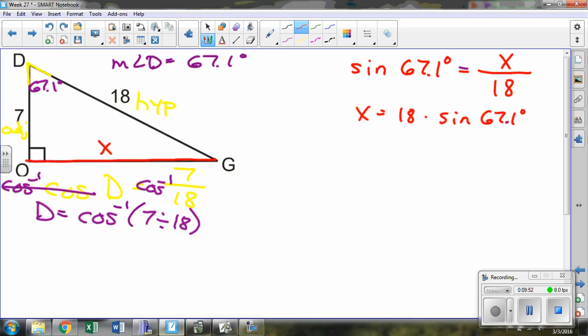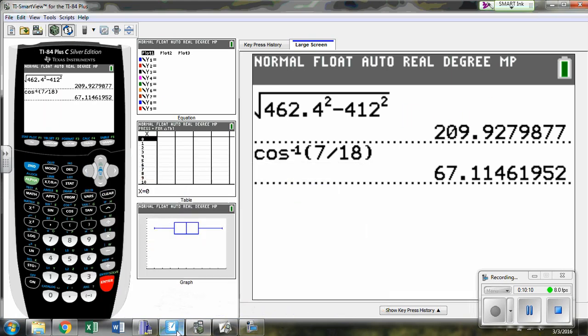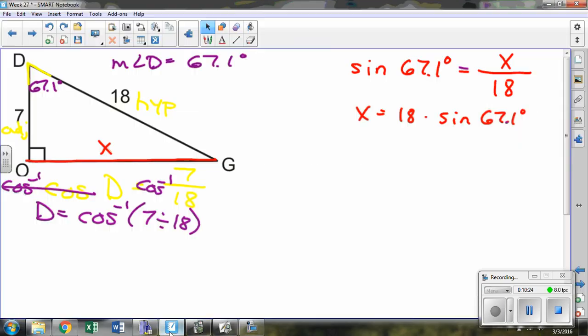Please keep in mind, though, this was not a perfect 67.1 degrees. It was 67.11 and more. So if we wanted to keep this as an exact answer as we could, we could say the sine of that, and then the second piece we had to do was to multiply by 18.